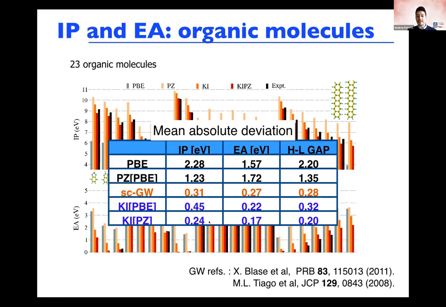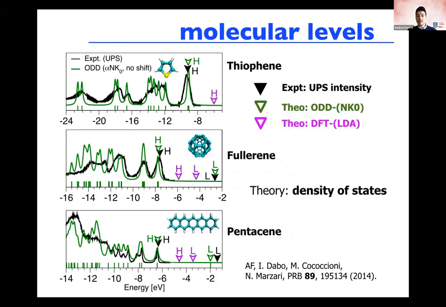You see again that the average error bars for IP and EA are of the order of 0.2 eV. That is quite good, especially if you take self-consistent GW as a reference, we are still doing slightly better, so that is very good actually.